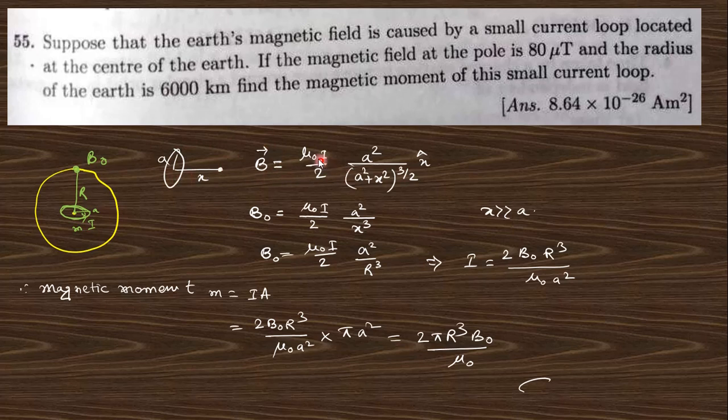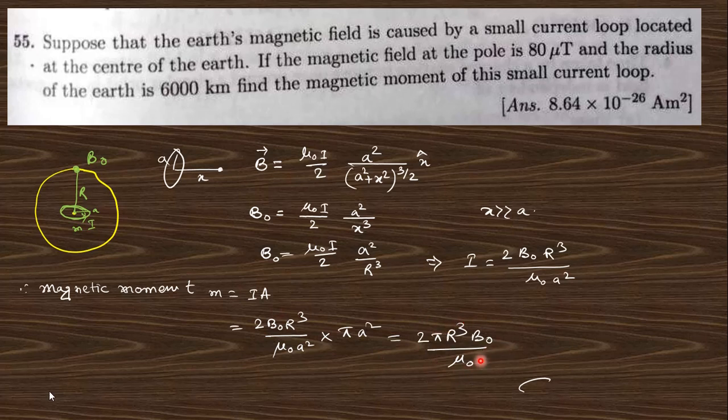Then the magnetic field will be μ0 I a² by 2 (a² + x²) to the power 3/2. When x is very much greater than a, this can be written as x³. From here we get the value of I, and the magnetic moment is nothing but I times area. Put this value of I, and the area is πa², so just rearranging you will get this expression. And this proof actually happens in this problem.